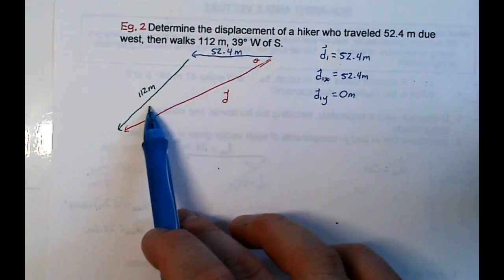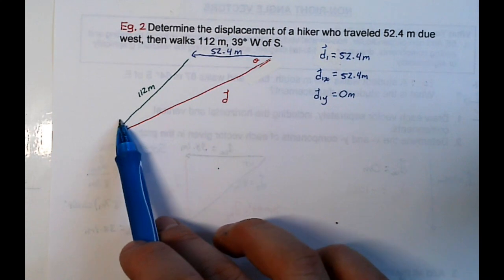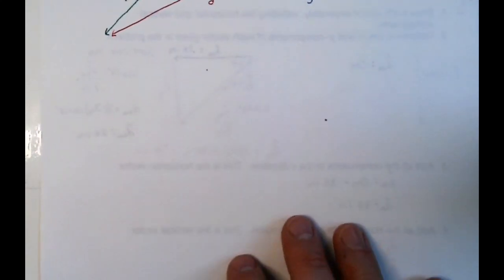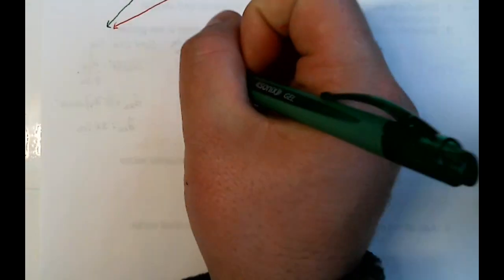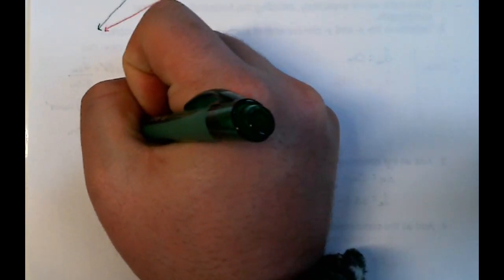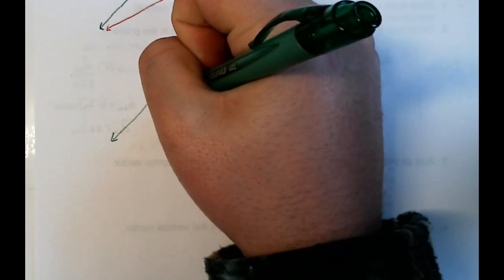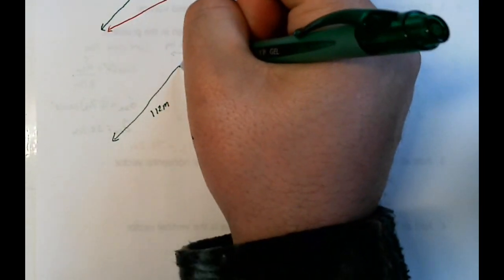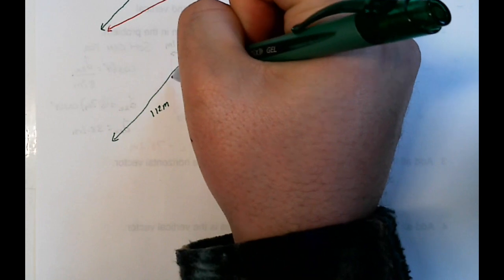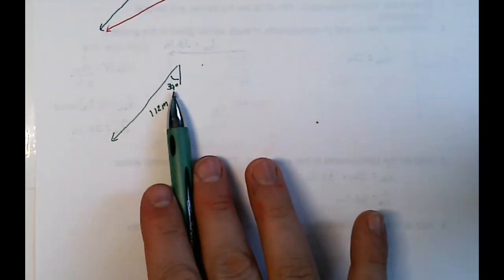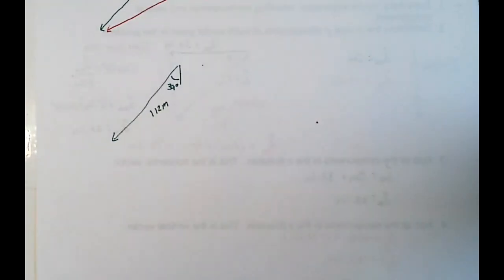But now we need to determine the x and y components of his second leg of the trip. So I'm going to redraw below his second leg of the trip. He traveled 112 meters at an angle of 39 degrees west of south. That means he's starting south and he's heading west 39 degrees.